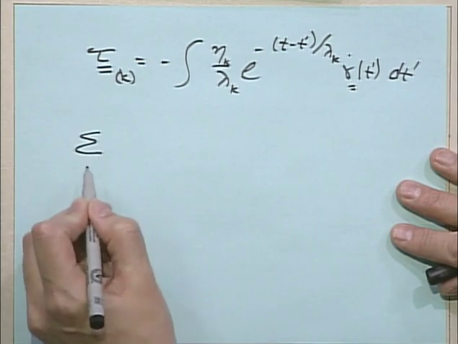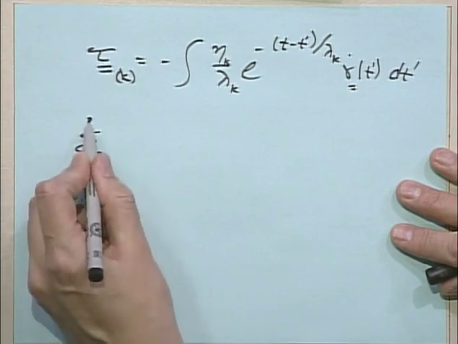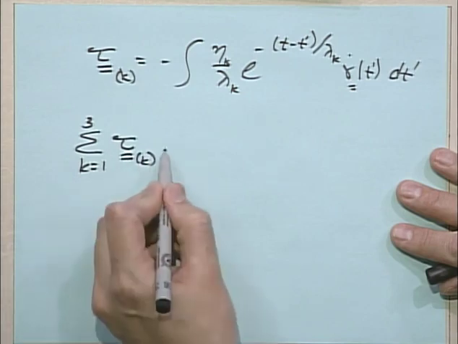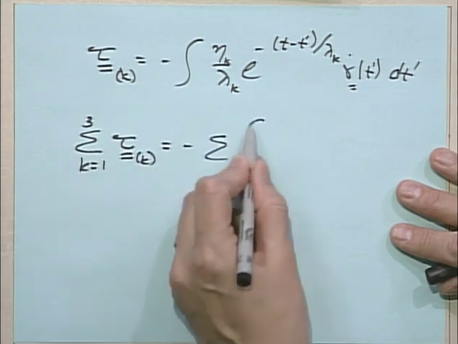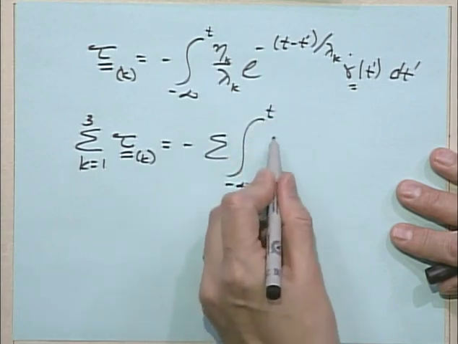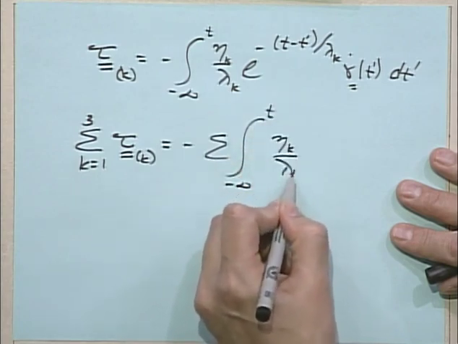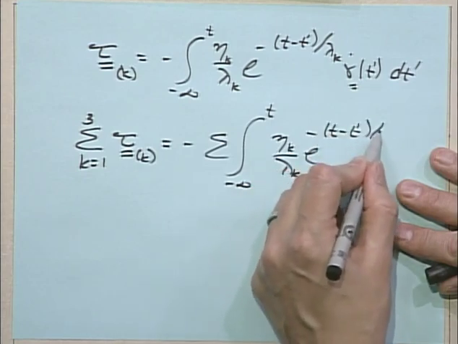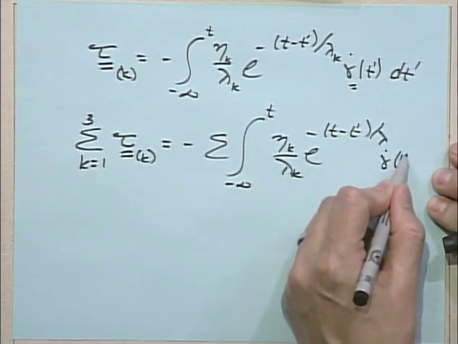And then I'm going to sum k equals, let's say, 1 to 3 or 1 to 4 of these taus. So I get minus the summation, the integral from minus infinity to t of this eta sub k over lambda sub k, e to the minus t prime over lambda, gamma dot of t prime dt prime.